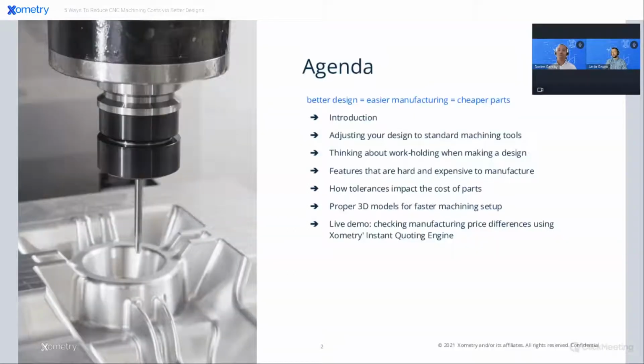Today our agenda, obviously: better design equals easier manufacturing and cheaper parts. I have 14 years of hands-on experience in CNC manufacturing. I started working on machines, 5-axis simultaneous and simple 3-axis and 4-axis machines, also turning and milling-turning, and I have hands-on experience with EDM, wire erosion, and a little bit of sheet metal CNC as well.